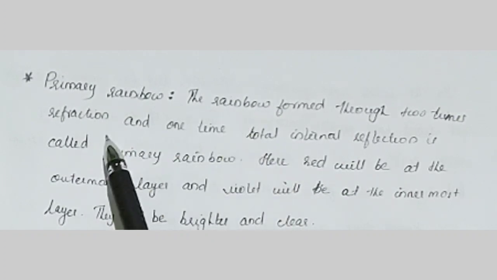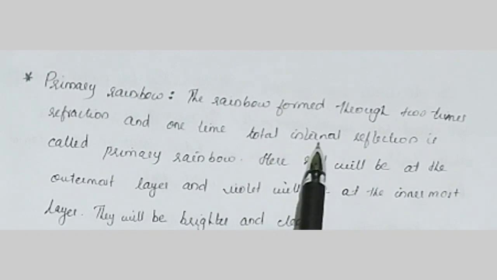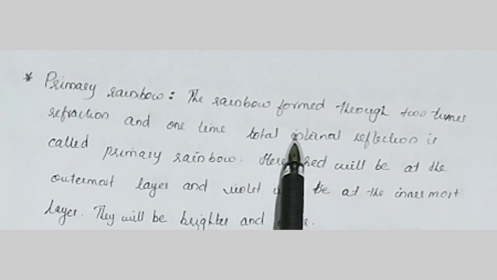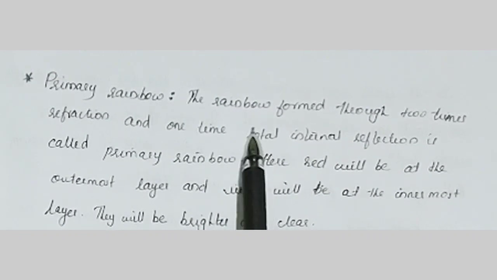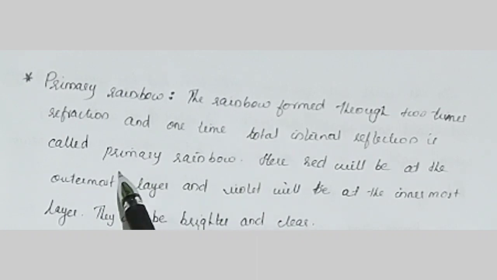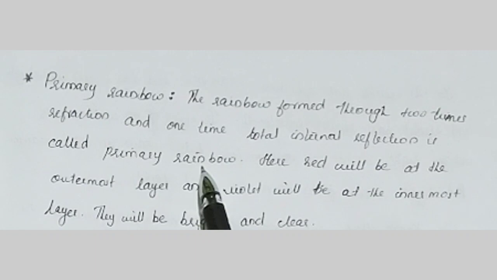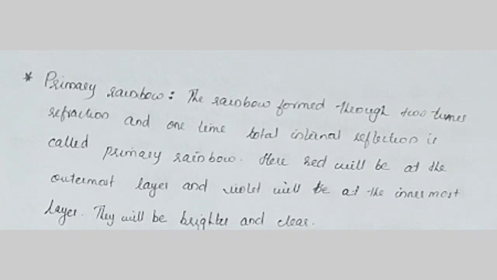So 2 times of refraction and a total internal reflection occurs, and thus formed rainbows are called the primary rainbow. And the primary rainbow has red light at the outermost layer and violet light in the innermost layer, and they are seen brighter and clear.